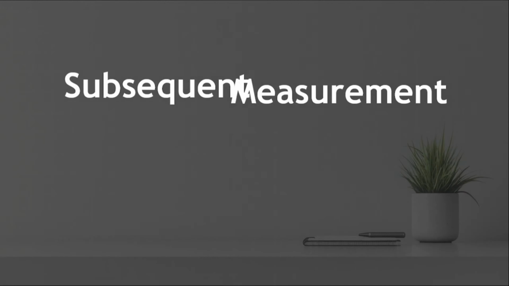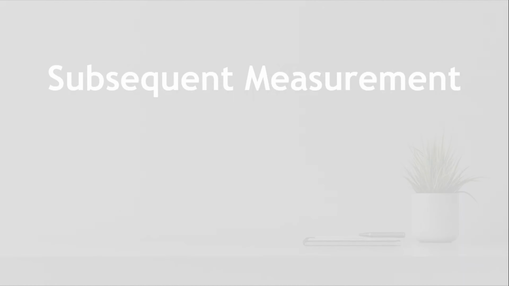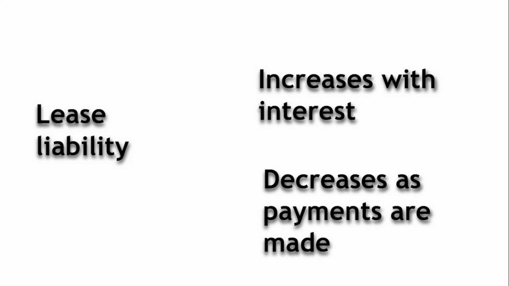Section 5, Subsequent Measurement and Reassessment. At commencement, lease measurements are based on assumptions, but those assumptions do not remain static. The right of use asset is depreciated over the lease term, reflecting consumption of that right. The lease liability increases with interest and decreases as payments are made.